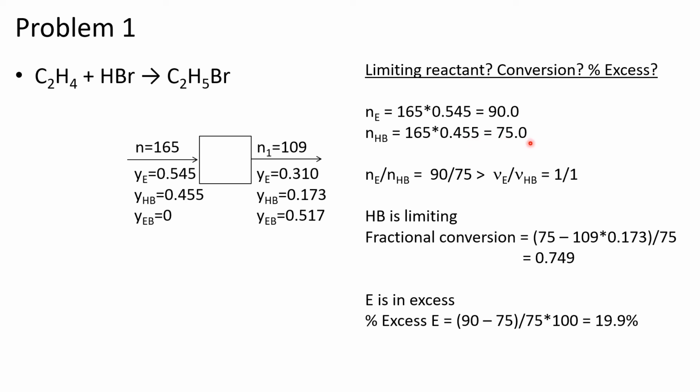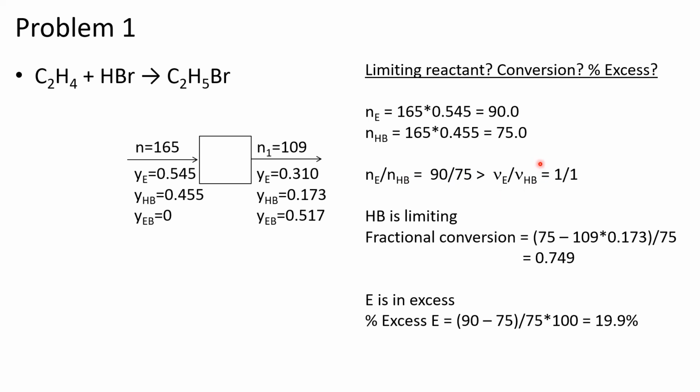That gives us 75. We compare the ratio of the ethylene flow to the hydrogen bromide flow with the ratio of the stoichiometric coefficients of those species from the balanced chemical reaction, and from that we can determine which is the limiting reactant. The ratio of flows for ethylene to hydrogen bromide coming in is 90 to 75.